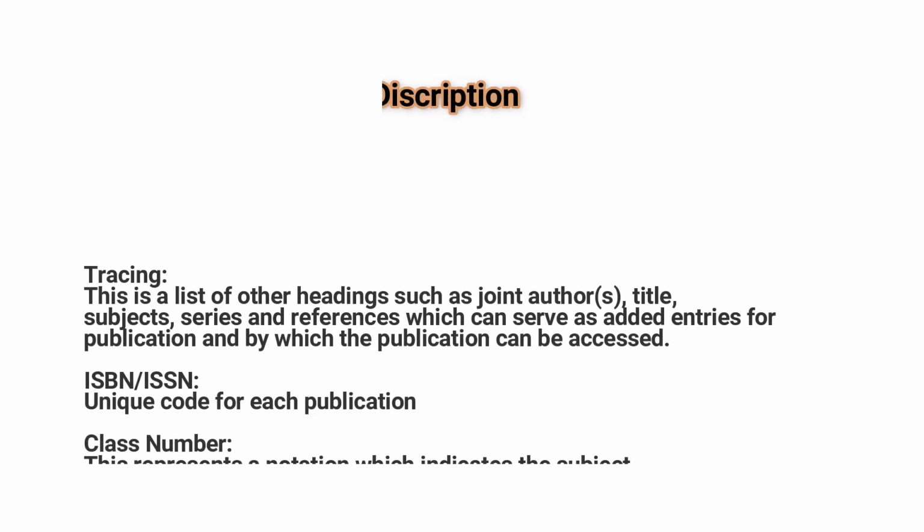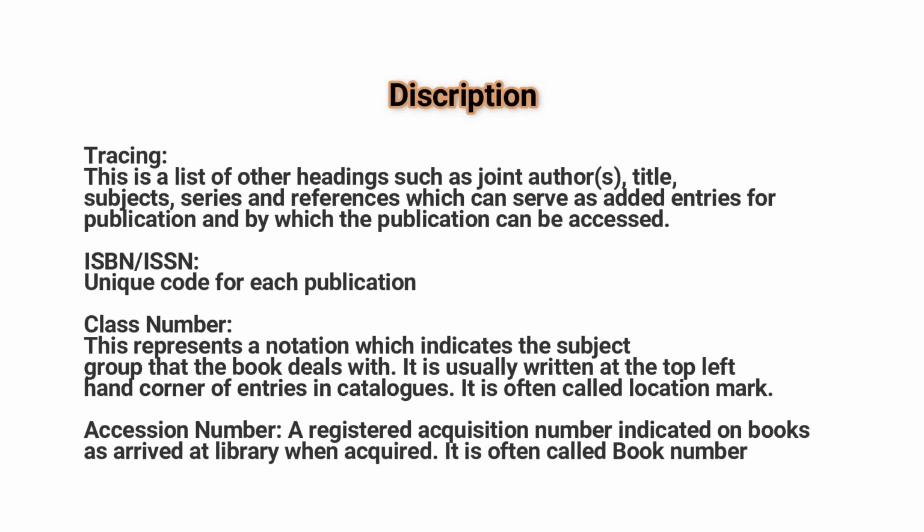Tracings. This is a list of other headings such as joint authors, title, subject, series, and references which can serve as added entries for the publication and by which the publication can be accessed. ISBN or ISSN are unique codes for each publication. Class number.